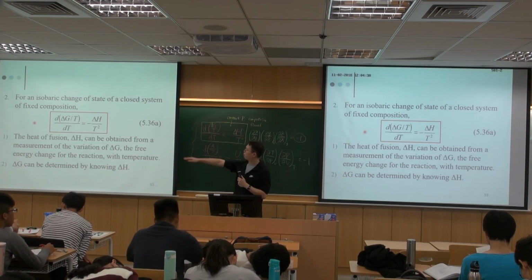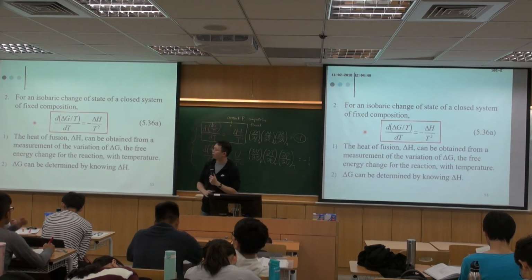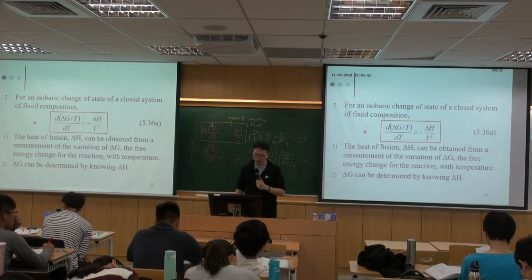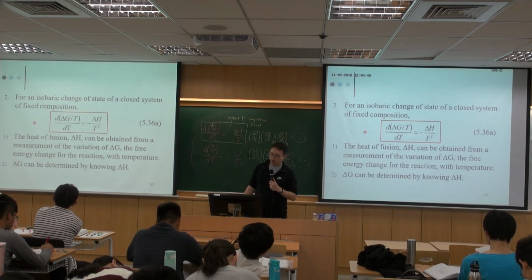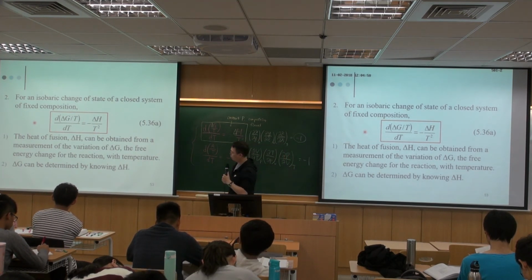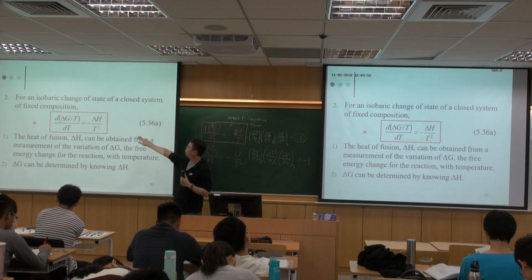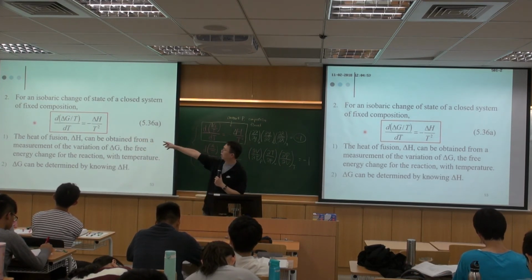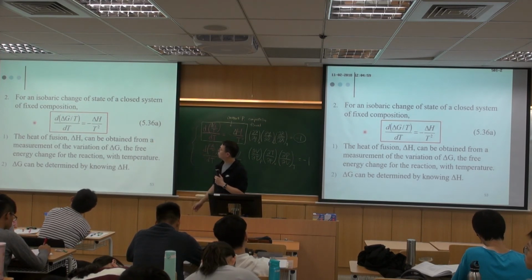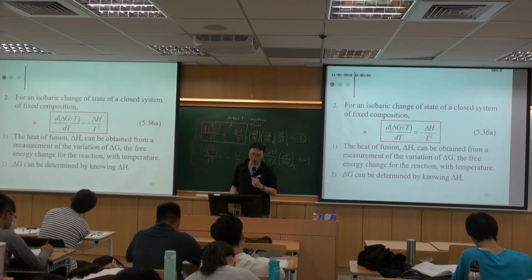So in order to map this out, you have to figure out the change of Gibbs free energy at different temperatures. And delta G can be determined by knowing delta H. So in reverse, if you know the change of delta H at different temperatures, you can also calculate that change of Gibbs free energy.